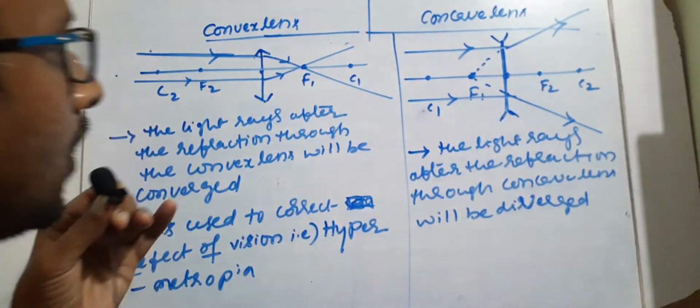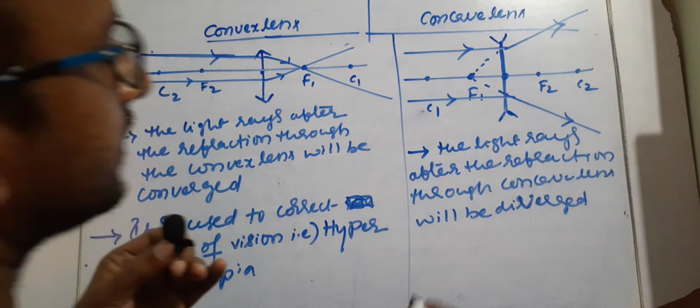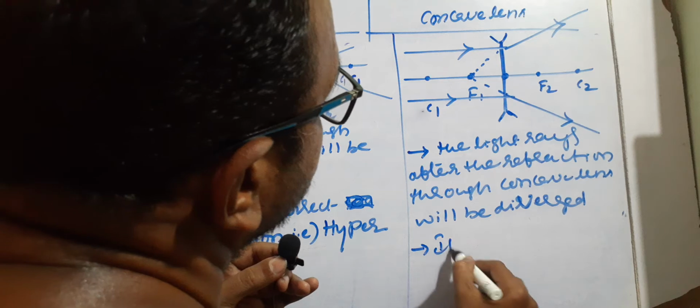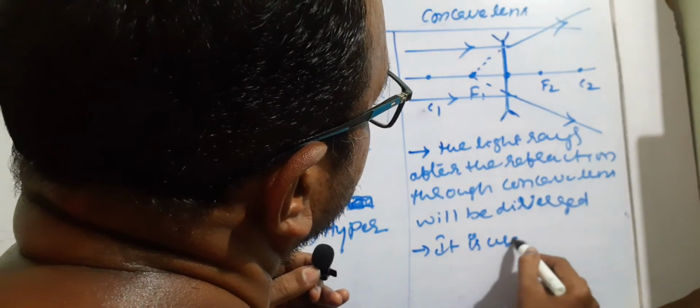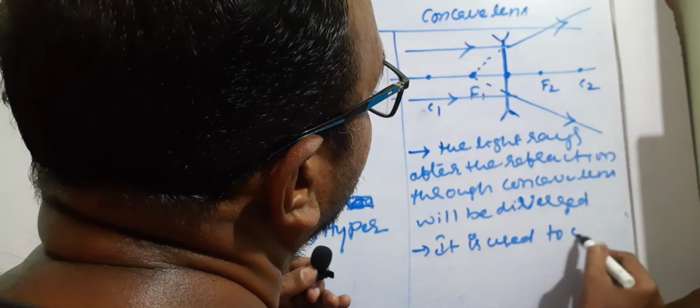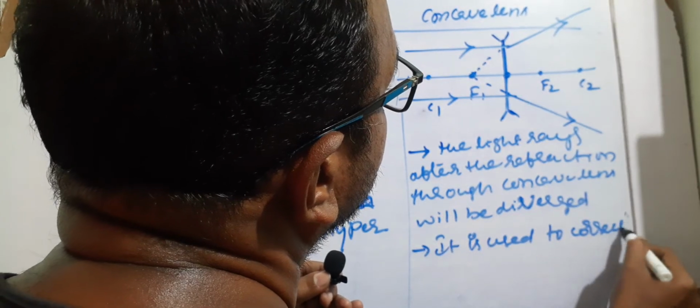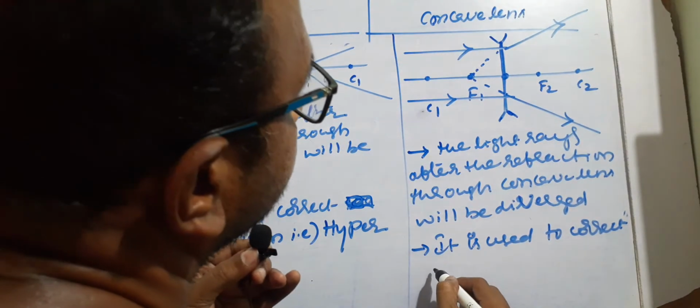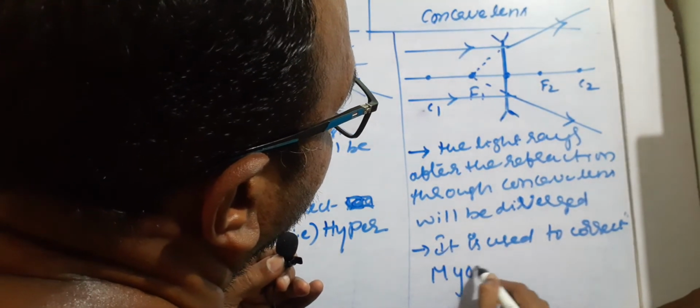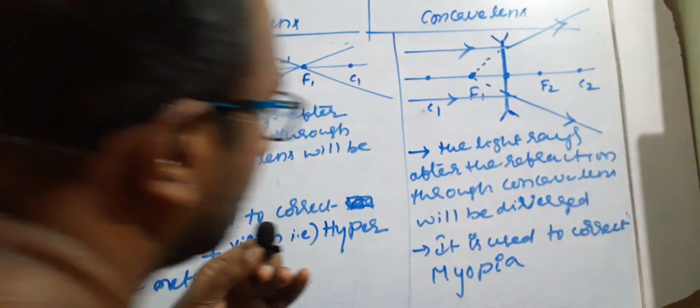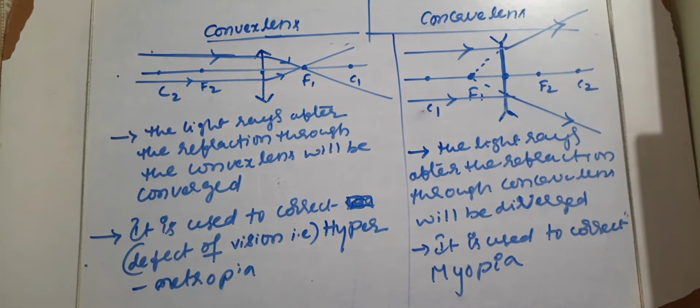That is why concave lens is called diverging lens. It is used to correct the problem of vision, myopia. So these are the main differences between convex and concave lenses, students.